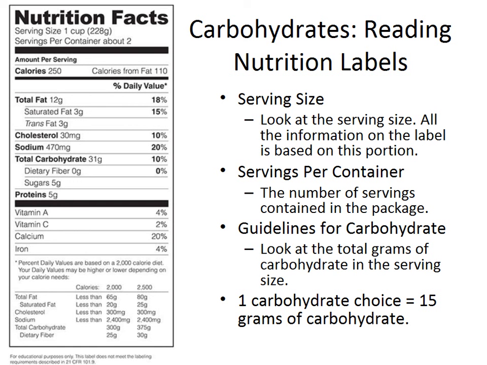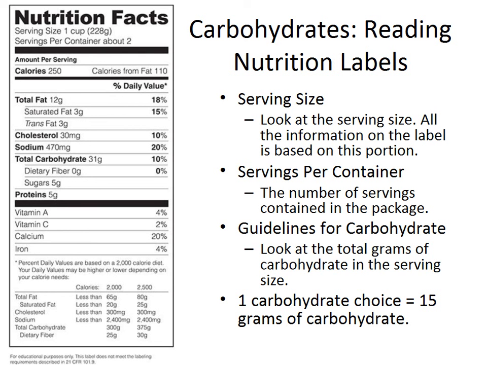Now, one thing about nutrition labels is that when it tells you how much sugar is in a product, it does not differentiate whether it's naturally occurring sugar or added sugar, although this change to the nutrition labels might be coming soon. So out of this total 31 grams of carbohydrates, 5 are sugars, and then the other 26 grams must be starches or other naturally occurring carbohydrates.